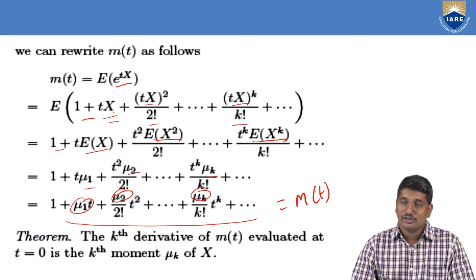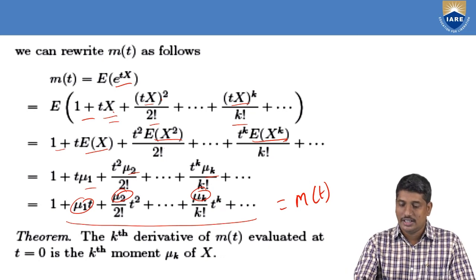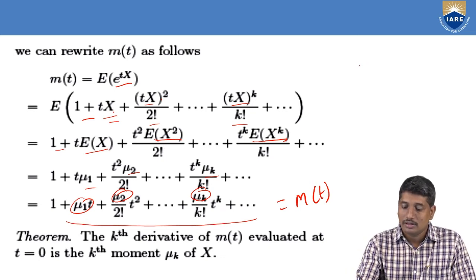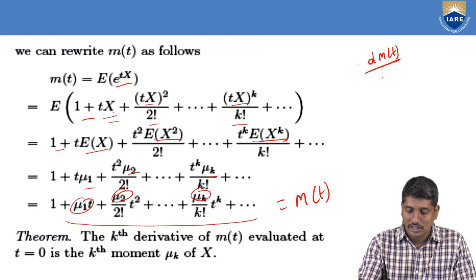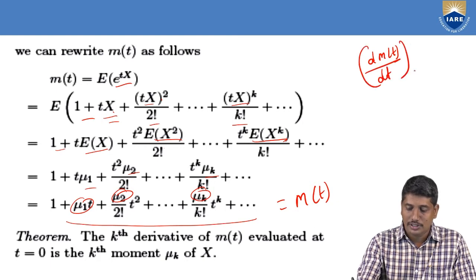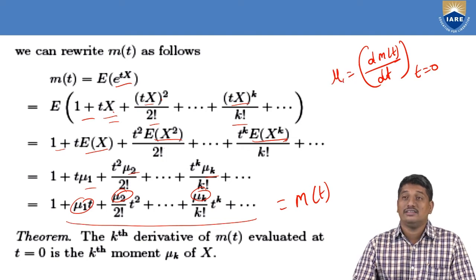Now we can also understand these moments in terms of derivatives. Let us look into that aspect. If we differentiate this M of t with respect to t, and substitute t equal to 0, you will get mu1, the first moment.